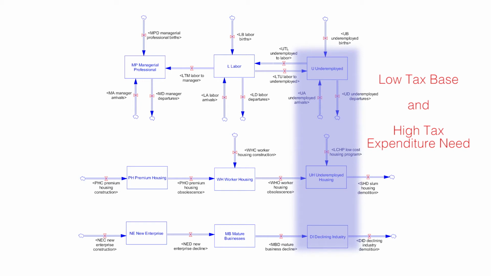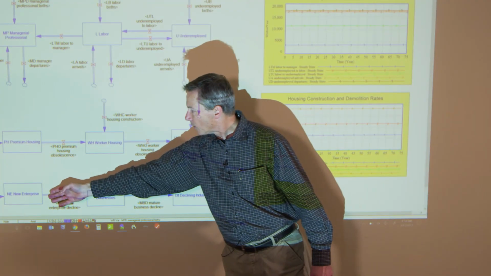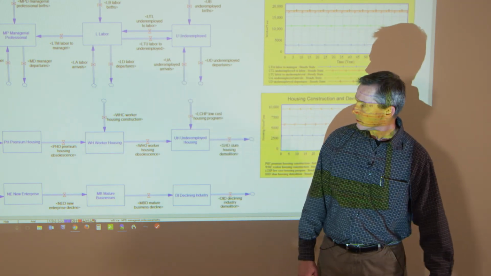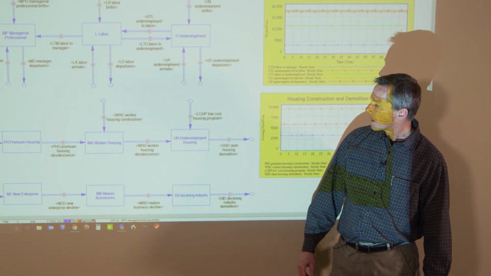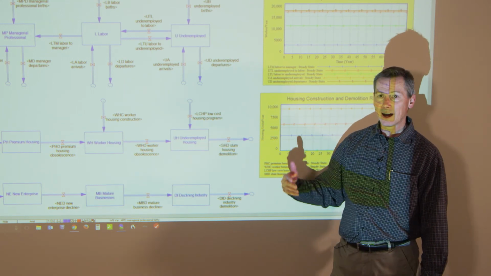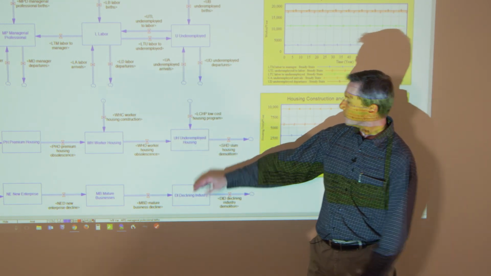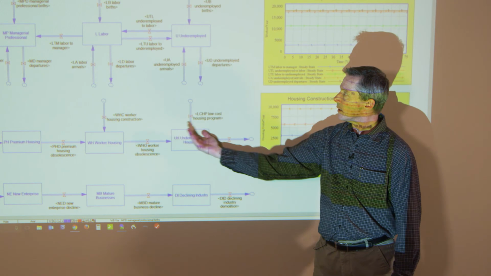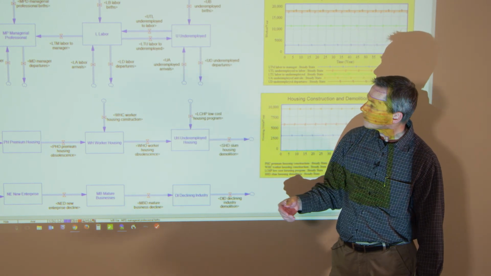And if you had a population that was mostly on the right side, you'd have a very high tax expenditure need. And in many cases, that happens in cities where they become stagnant or they've become aged, and there hasn't been a whole lot of new enterprise creation for some period of time. They end up in a situation where they have low tax income and high tax demand, which would be what happens when everything is shifted to the right.